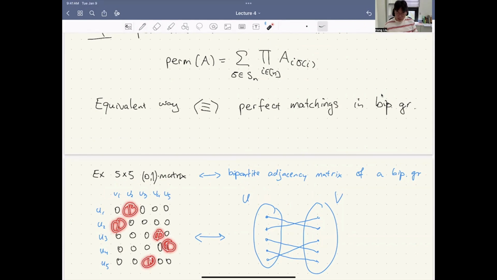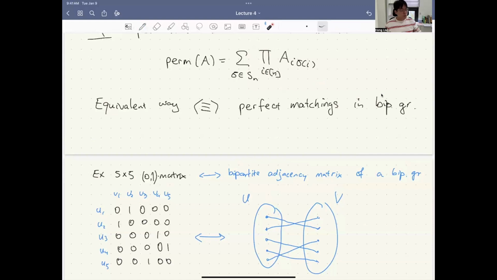In a 0-1 matrix, each one of these summands corresponds to a perfect matching. And when you sum over all possible transversals, the permutations, we get all possible perfect matchings in the corresponding bipartite graph. This is what we meant up there.